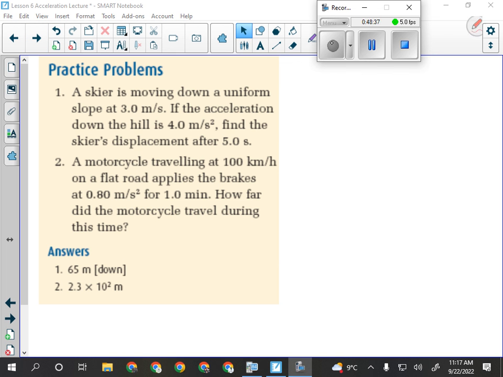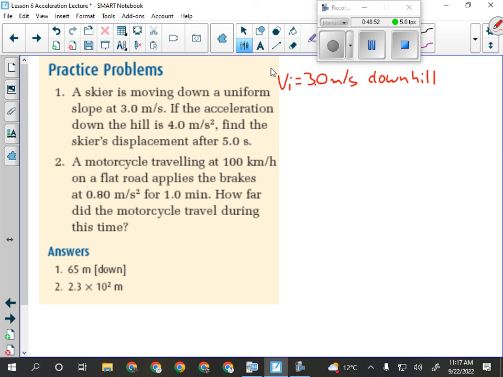All right, so for the first one, skier moving down a uniform slope at 3 meters per second. Okay, if the acceleration down the hill is 4 meters per second squared, find the skier's displacement after 5 seconds.